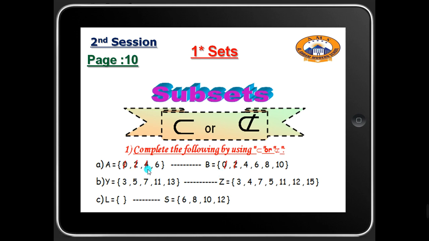What about 4? Yes, we see 4 in the first set, and it's also in the second set. And 6, yes, we see 6 in the first set, which is A, and we also see 6. So each element in the first set A exists in the second set B. So we will say that A is a subset of B.